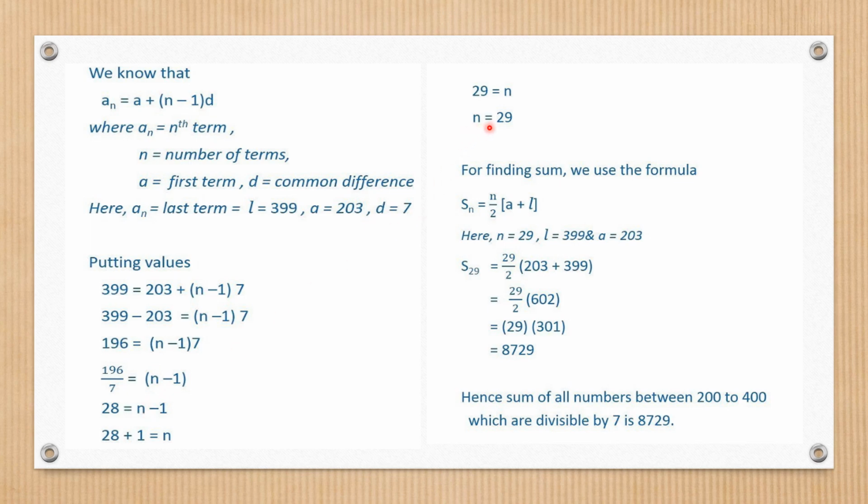I can put this in to get the sum of n terms. The smarter and briefer formula is n by 2 times (a plus l), where the last term is given. Since I know my last term, it is better to use this one instead of the other option. So it becomes 29 by 2, this is my first term, this is my last term, and this gives me 8729.